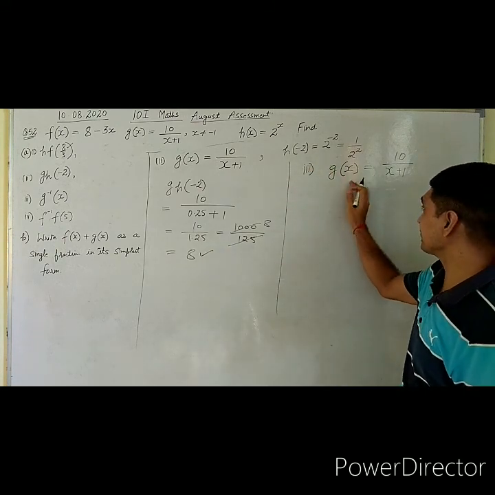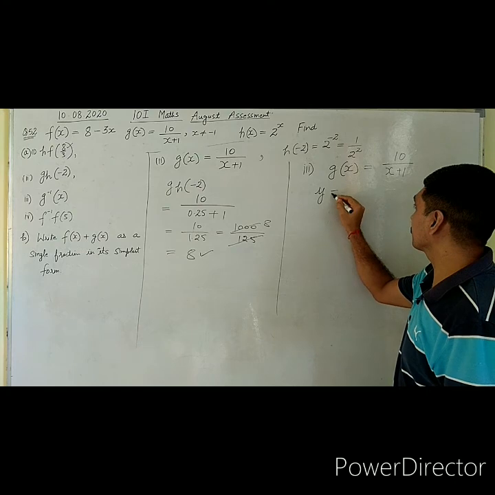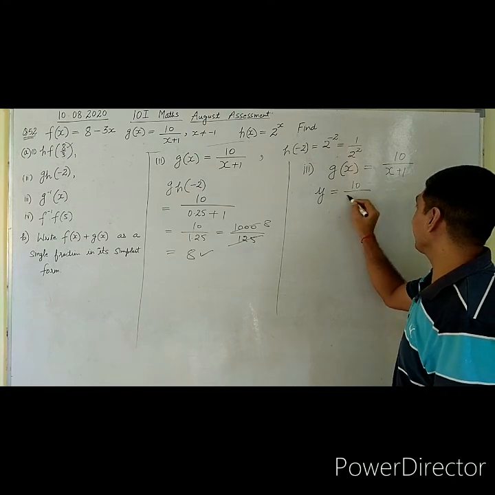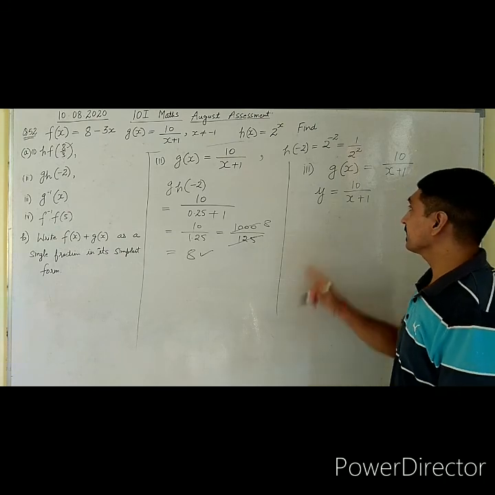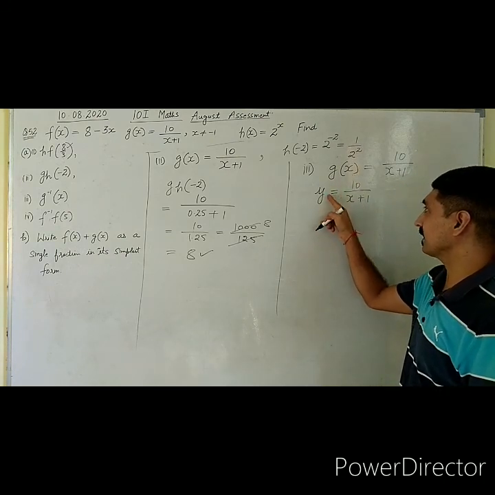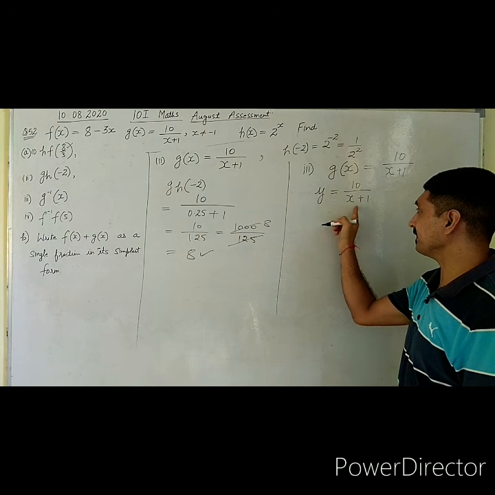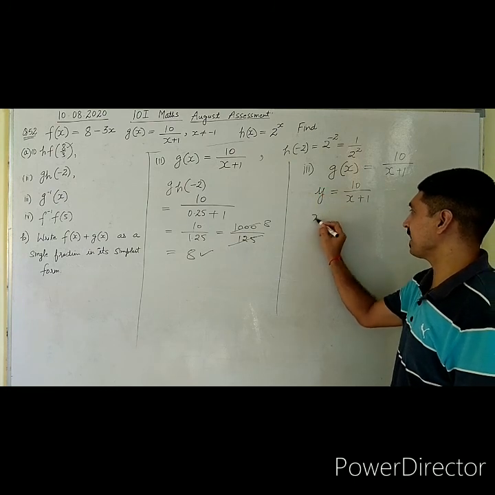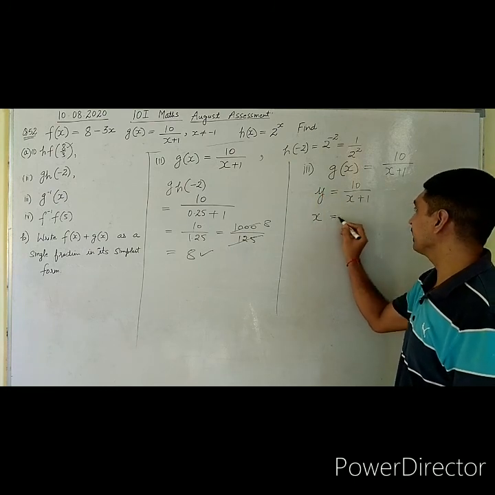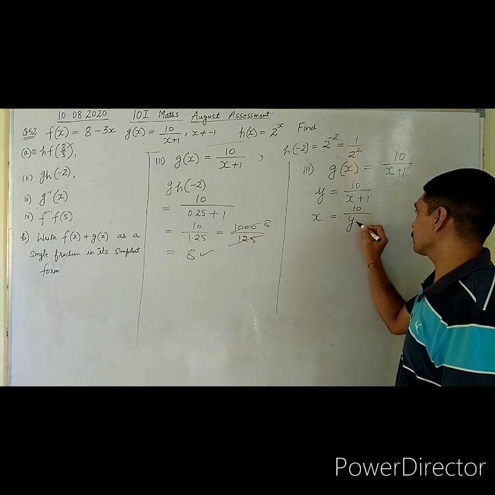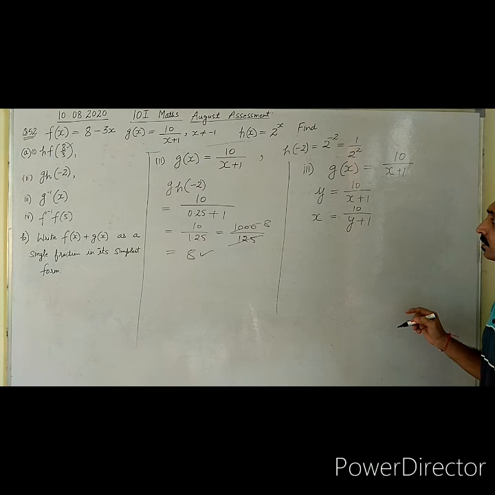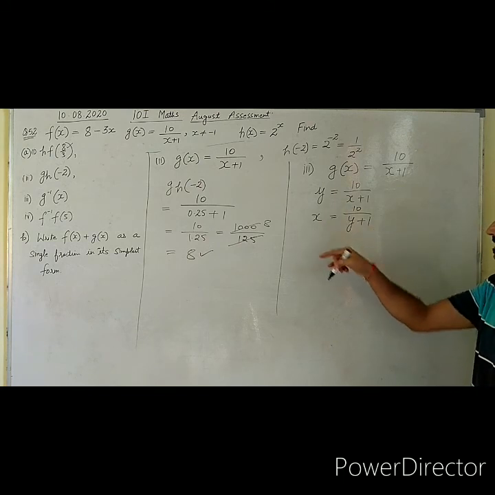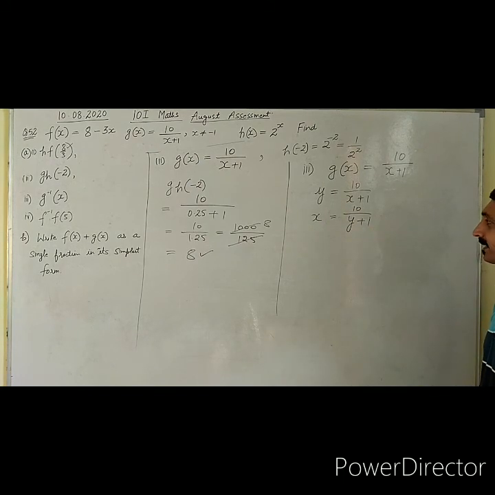The first step: let y equal 10 upon x plus 1, substituting y in place of g(x). The second step is to interchange x with y. Now solve this in terms of y.